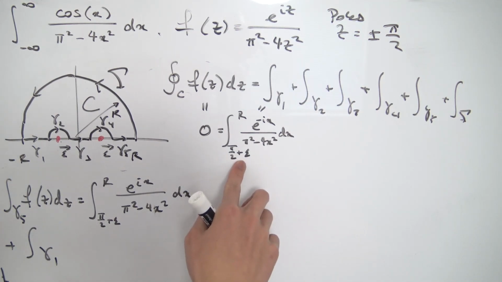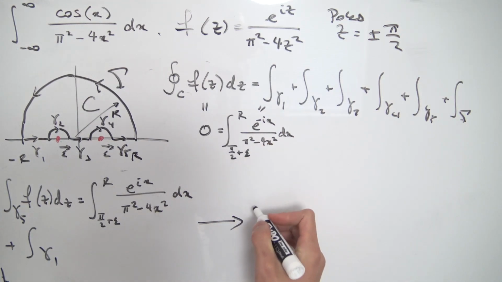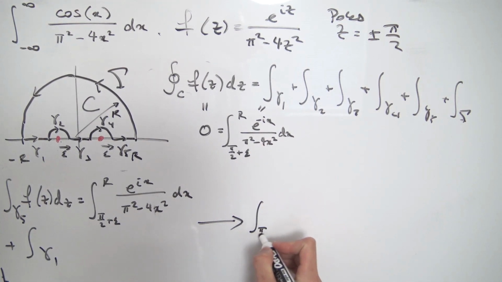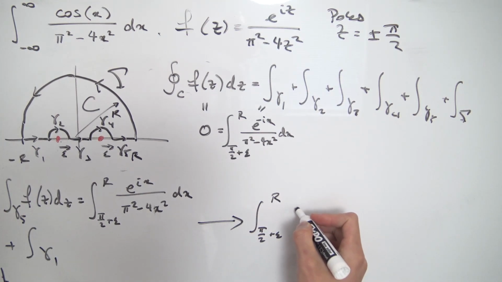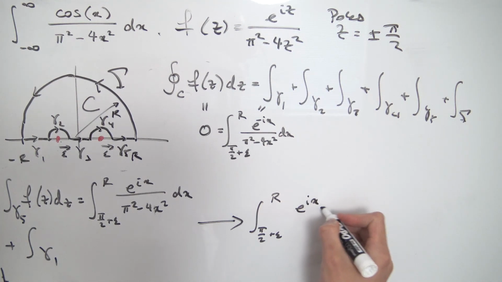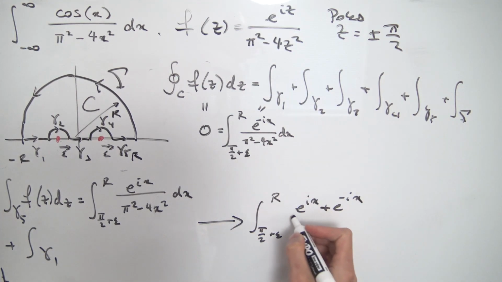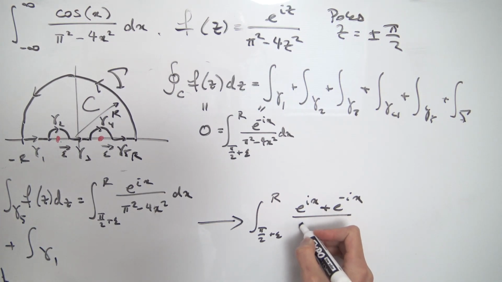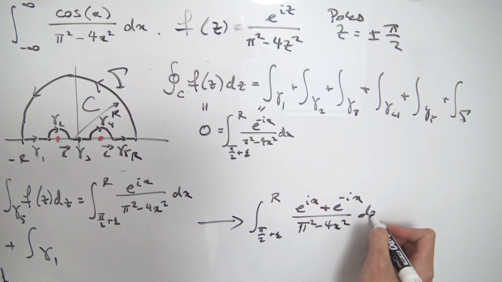Notice that these bounds of the integral are the exact same, which means all we need to do is add the integrands together. So we have the integral from pi on 2 plus epsilon all the way up to r of e to the ix plus e to the minus ix, and notice common denominator, so let's just divide it through by pi squared minus 4x squared dx, like so.